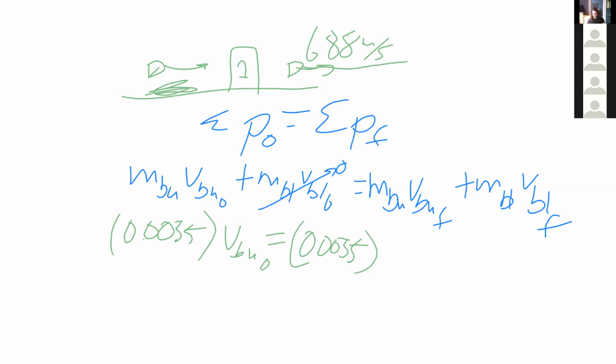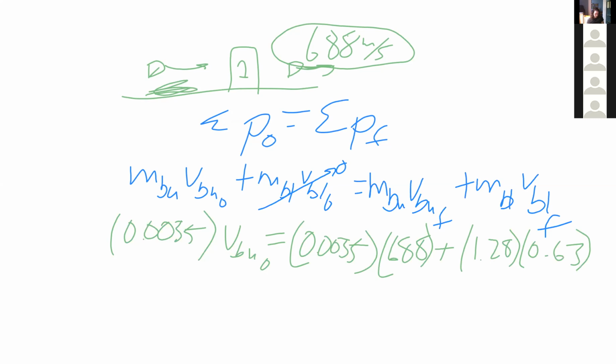This is where our answer from the first collision with the second block comes in, so it's 688. And then plus the mass of block 1 and its final velocity. Those are both given in the problem. For me, it happens to be 1.28, and the speed is 0.63.